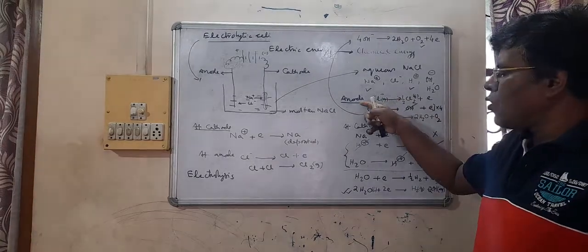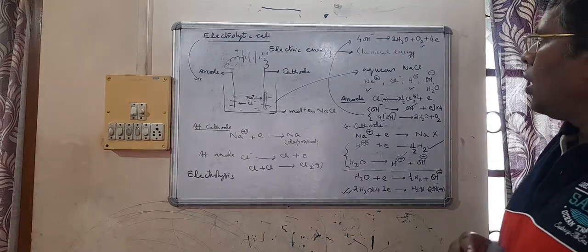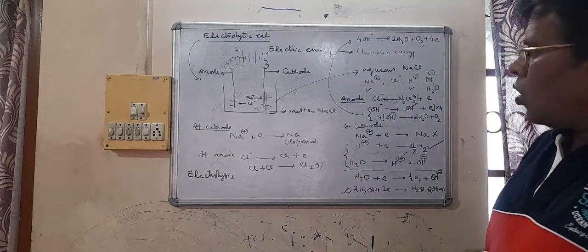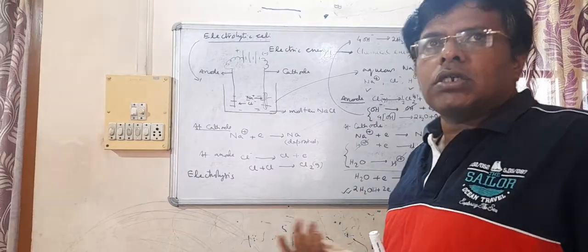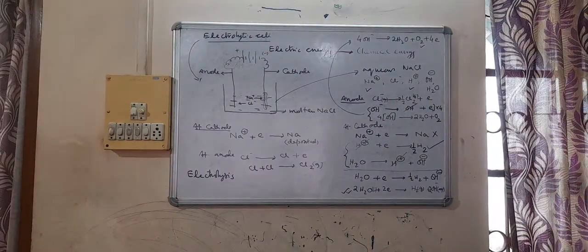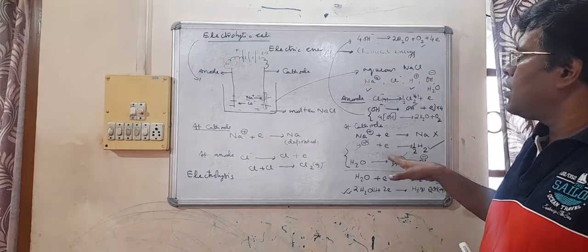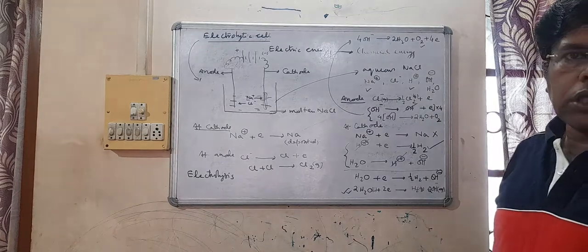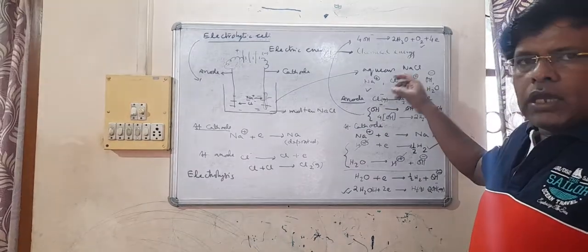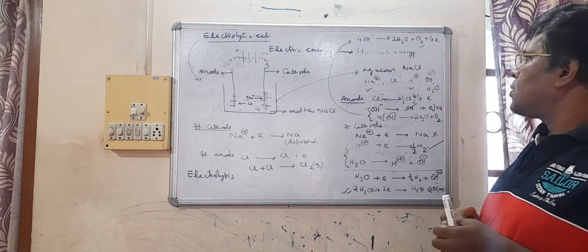And as far as anode is concerned, the one which has less reduction potential, that happens. Or we can say in another way, the one which has more oxidation potential, that happens. So at the cathode, more reduction potential happens, and at the anode, more oxidation potential, or less reduction potential, happens.